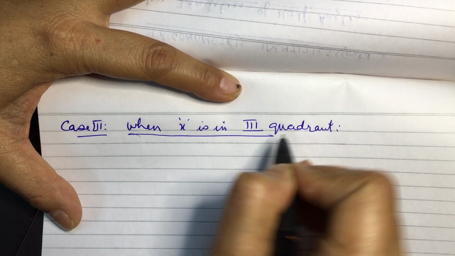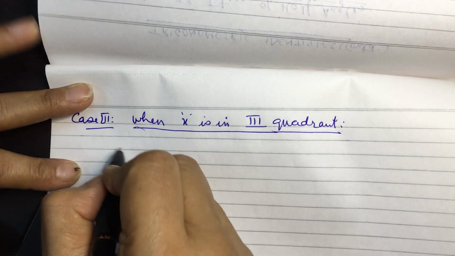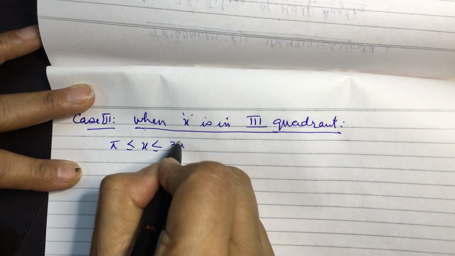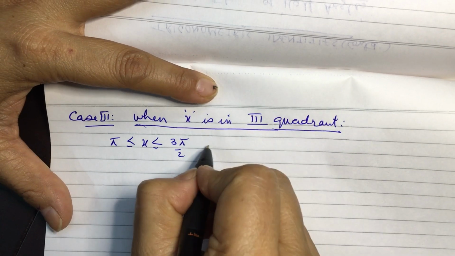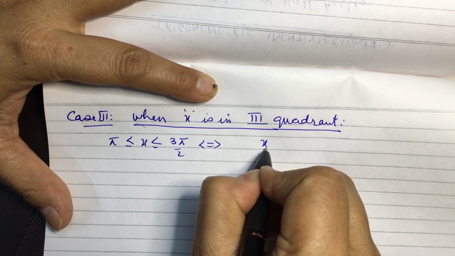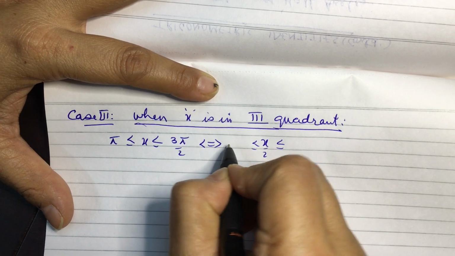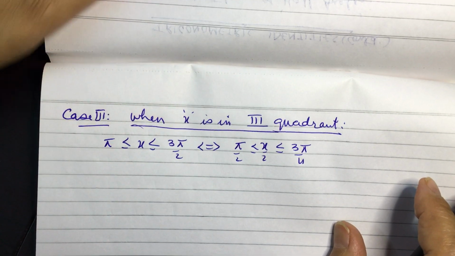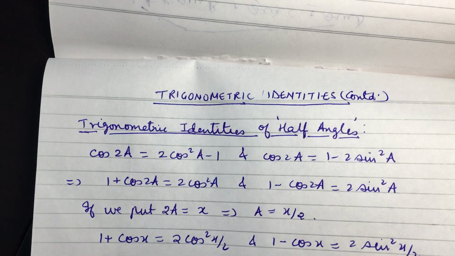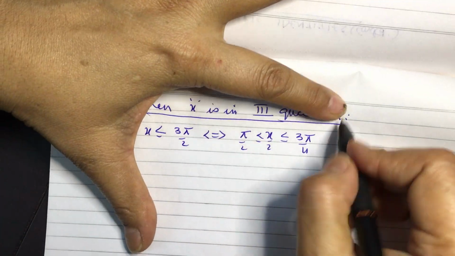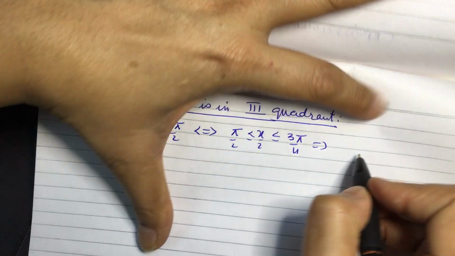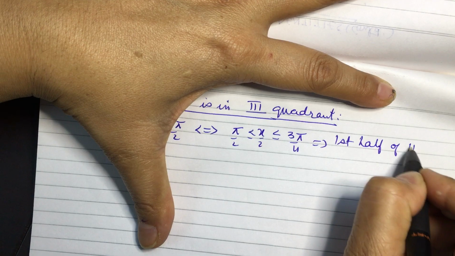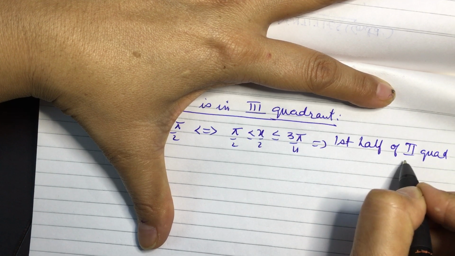Now when x is in third quadrant, in that case x lies between pi and 3 pi by 2, which gives us x by 2 will lie between pi by 2 and 3 pi by 4, which is the first half of second quadrant.